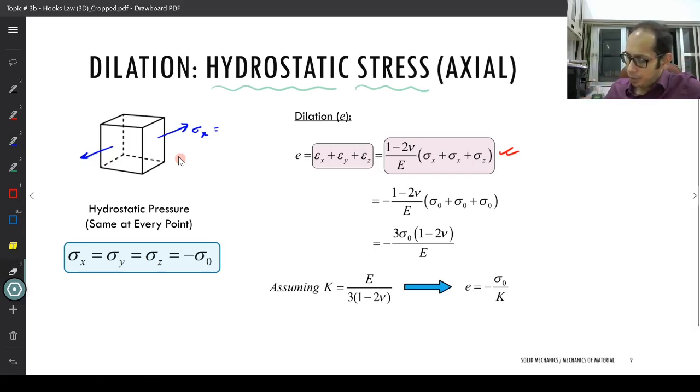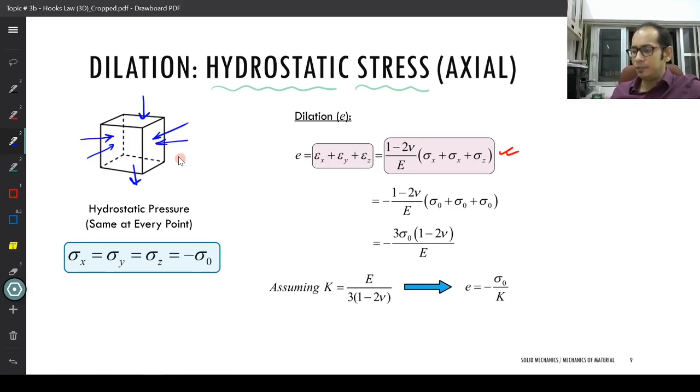So let me erase this one, right? So what I'm going to have is these stresses equal and opposite along all the directions that are there, right?